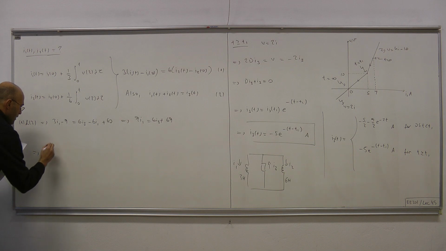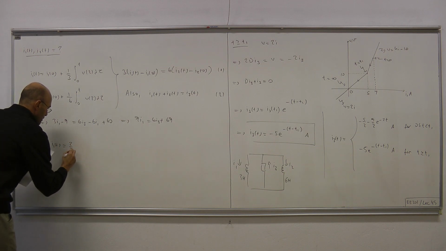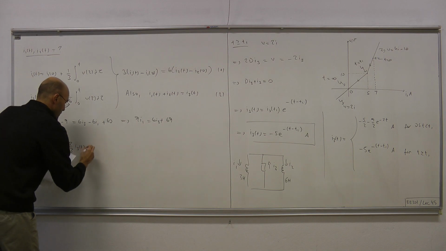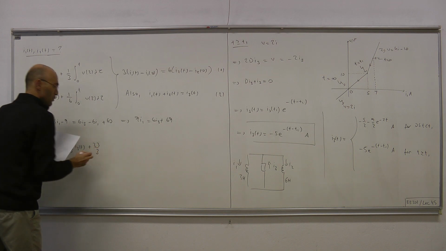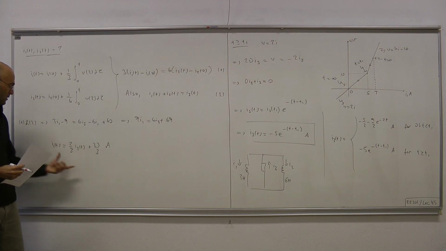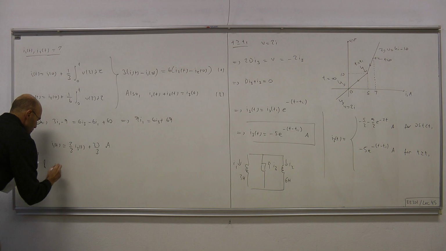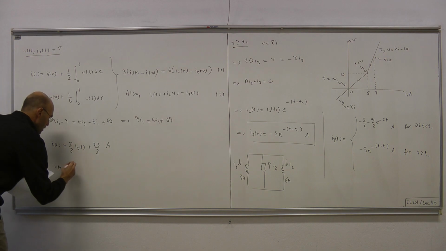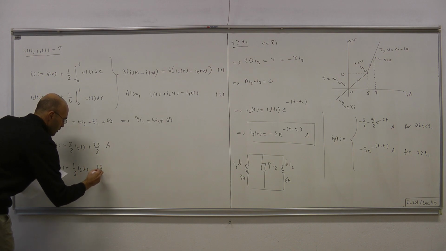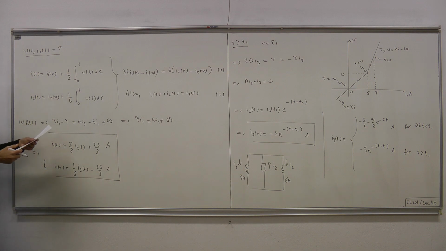Therefore, I1 of t equals 2/3 I3 of t plus 23 over 3 amps. And I3 minus this gives us I2. I2 of t equals 1/3 I3 of t minus 23 over 3 amps. So that's the final answer.